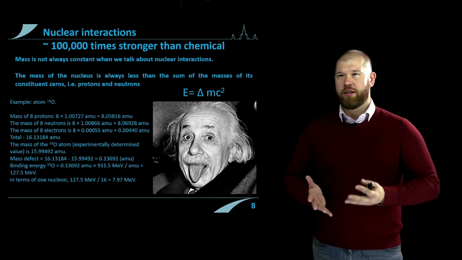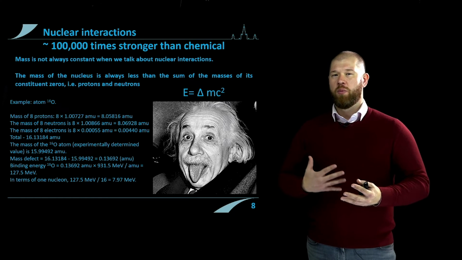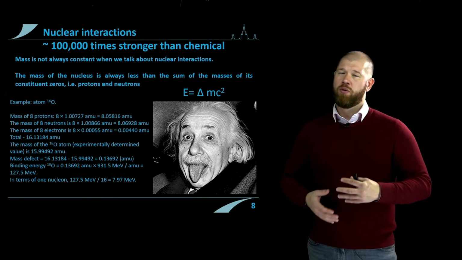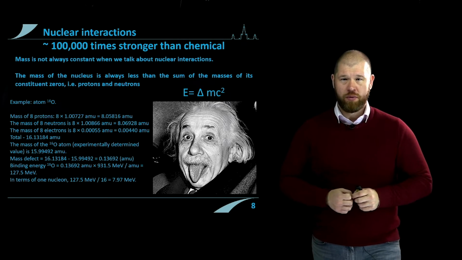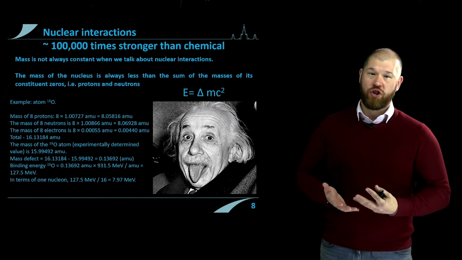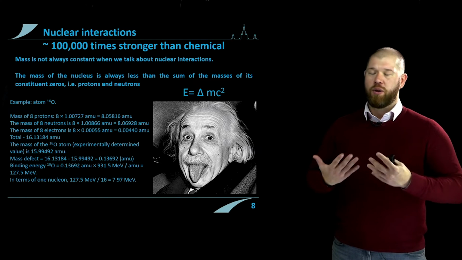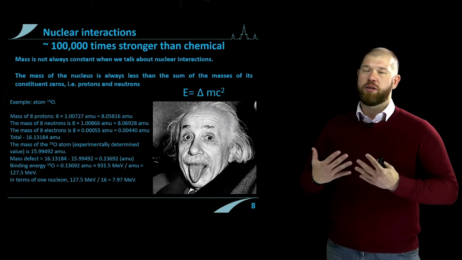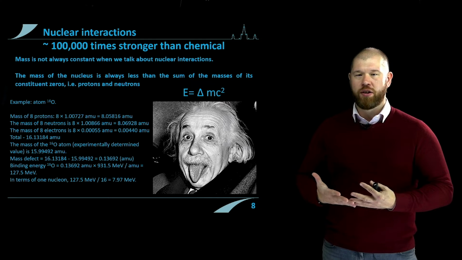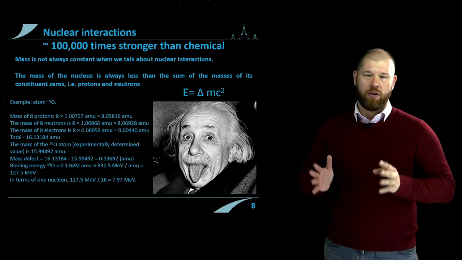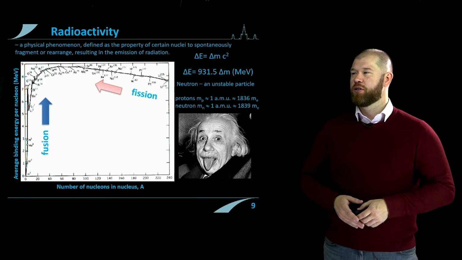For example, the energy of chemical bonds we can estimate in the range of a few or maybe dozens of electron volts. And this is mega electron volts, a million times larger than just electron volts. So from these calculations, we can say that the energy of nuclear interactions is something like 100,000 times stronger than any chemical interactions.